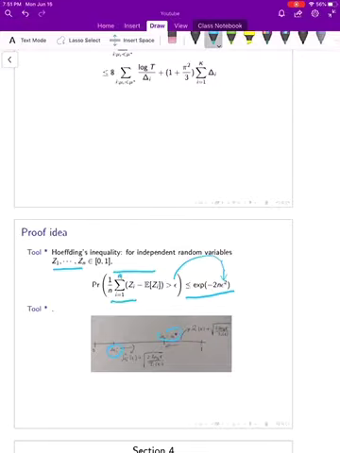As we collect more and more samples, we expect arm 1, which is the optimal arm, to be picked at least of the order of log t.